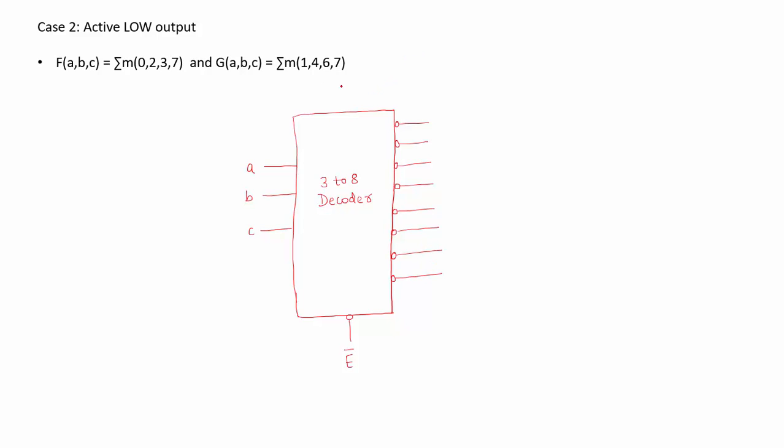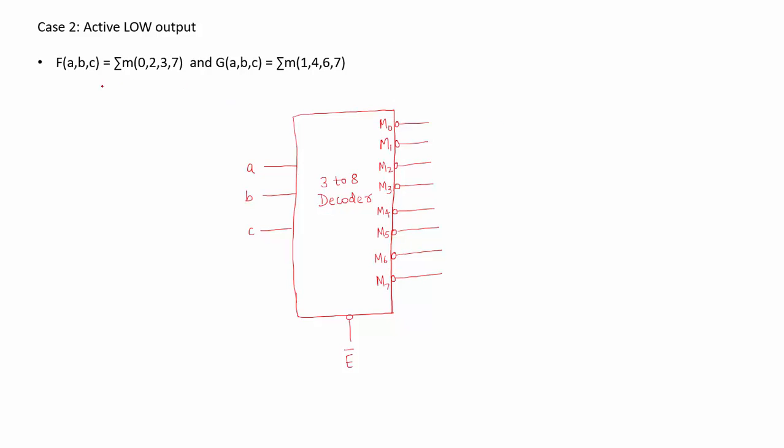So in case of an active low output, each of the output will correspond to a max term. So this will be capital M0, M1, M2, M3, M4, M5, M6 and M7.